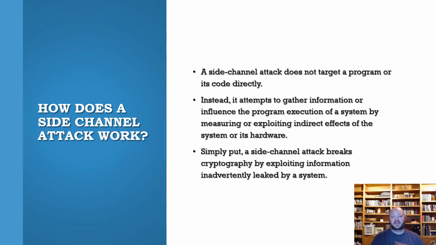Simply, a side channel attack breaks cryptography by exploiting information inadvertently leaked by a system. So it can be stuff like that EM radiation that comes off of things, or acoustic noise that comes off of different components.